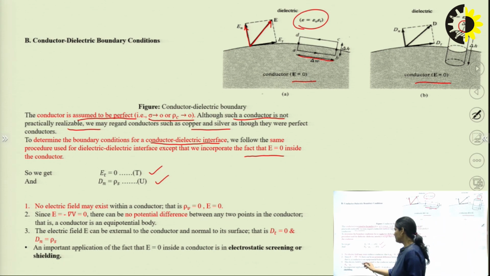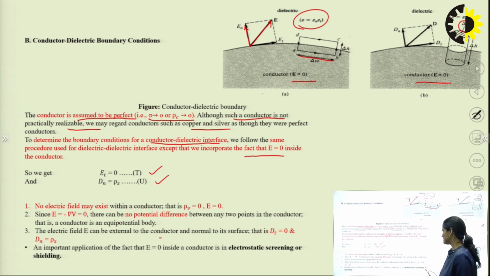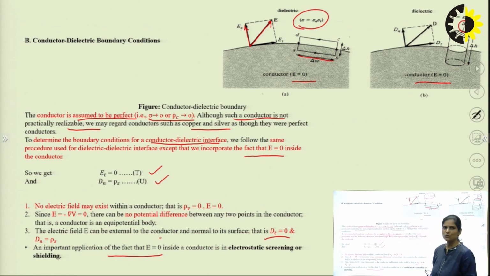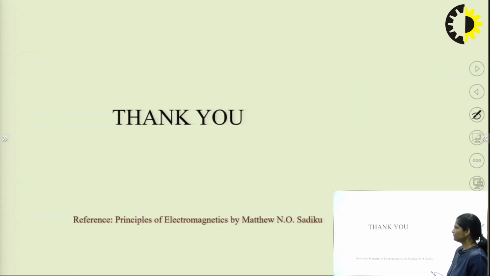Now the electric field can be external to the conductor and normal to its surface. It means Dt is equal to 0 and Dn is equal to rho s. An important application of this fact is that E is equal to 0 inside a conductor, as in electrostatic screening or shielding. Now thank you for this lecture.